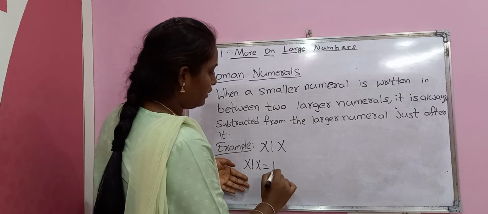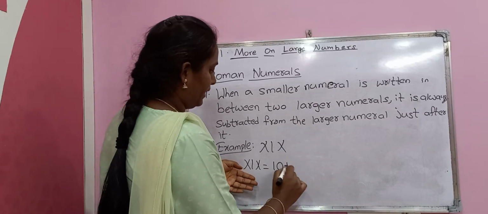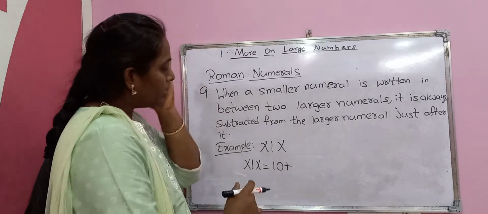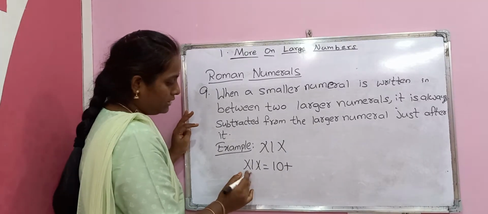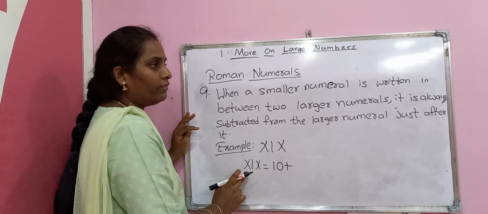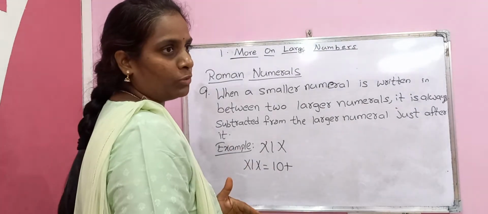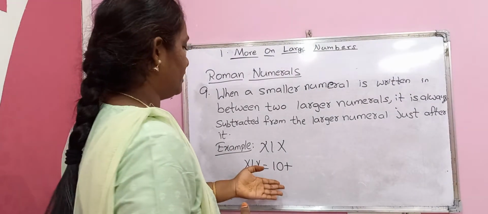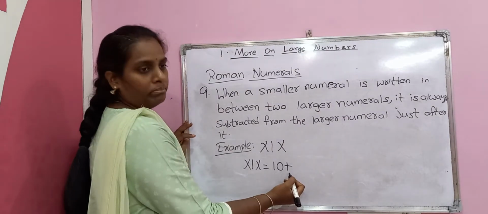Now, what is the x value? 10 plus y plus here, because here larger numeral is there, here smaller numeral. If the smaller numeral follows larger numeral, we should do addition. So, I can plus here.